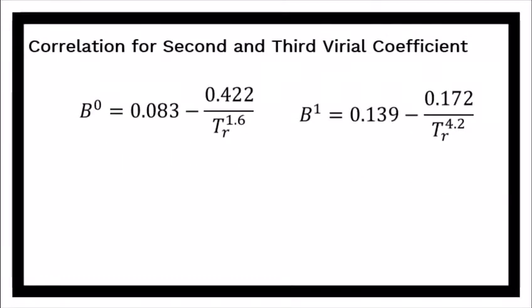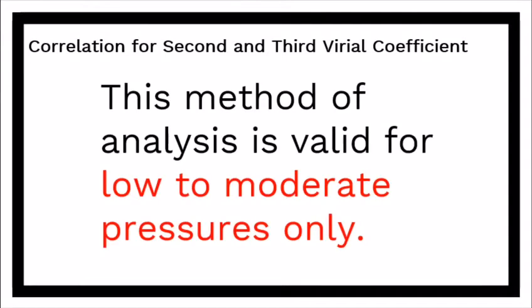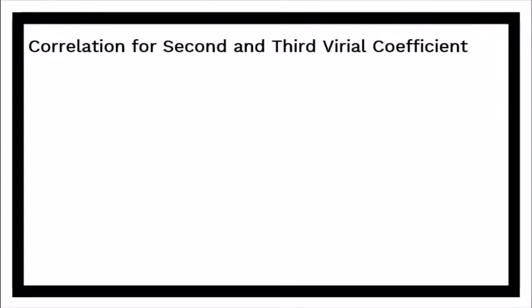We can find the values of B0 and B1 using the Abbott equations as shown. But this method of analysis is valid for low to moderate pressure only. For high pressure, we can use the Pitzer-type correlation C.